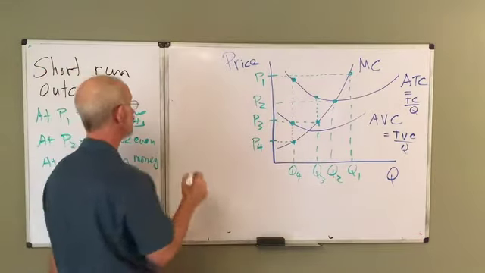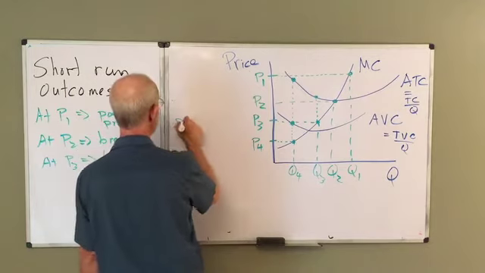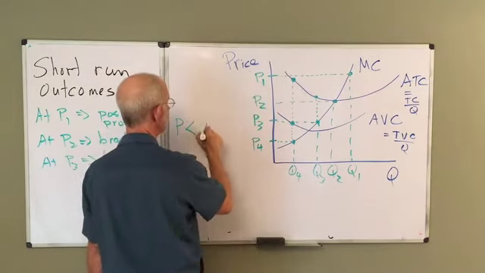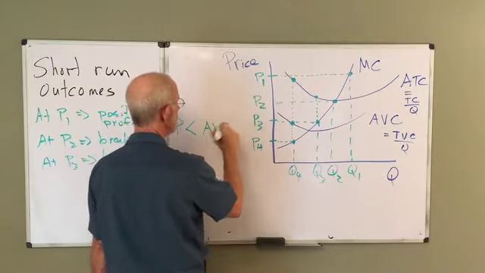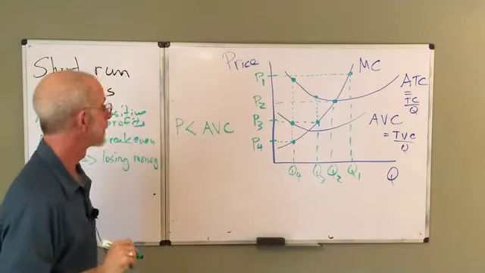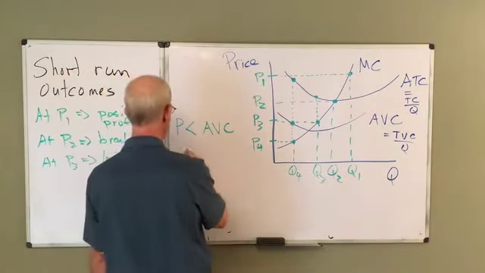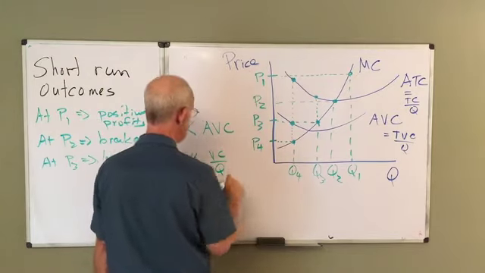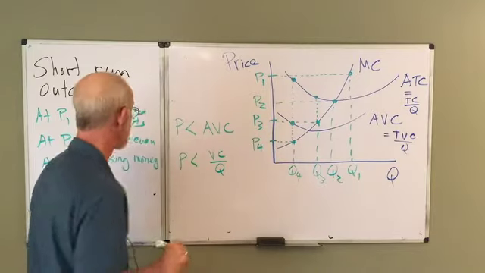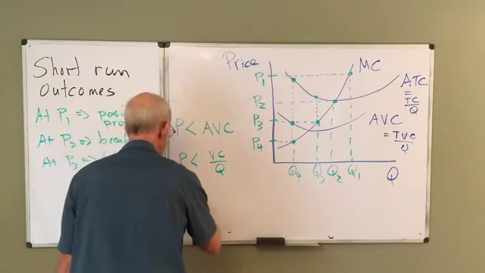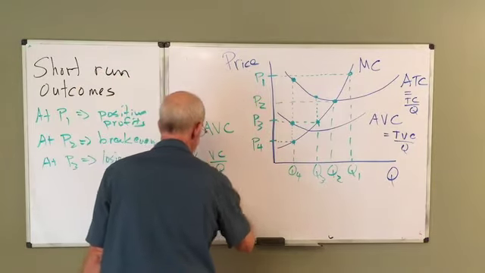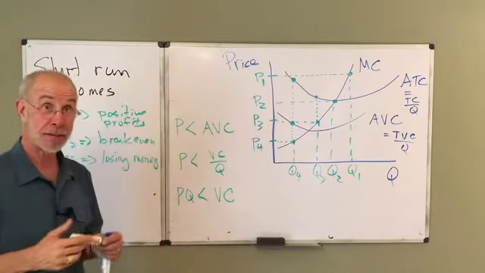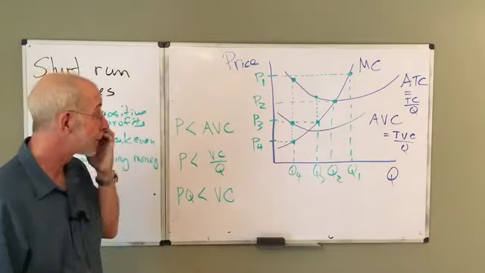What do you do now? Well, you've got price being less than your average variable cost. That average variable cost is your variable cost divided by quantity. That's the same thing as saying that your revenue is less than what you're paying in variable costs.